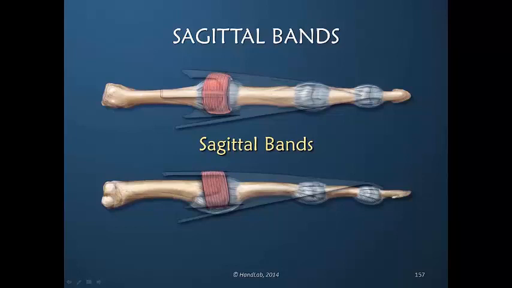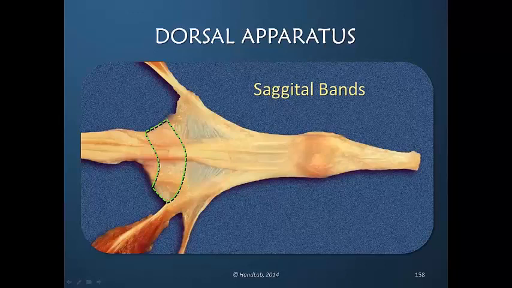This insertion is the primary extension force for the metacarpal phalangeal joint, and it's extremely unique because it is not a tendon crossing a joint and inserting into bone. It is rather the pull on the EDC via the sagittal band fibers that lifts the proximal aspect of the proximal phalanx into extension. A very unique insertion. The sagittal band fibers, as we said, are part of the metacarpal phalangeal joint capsule.